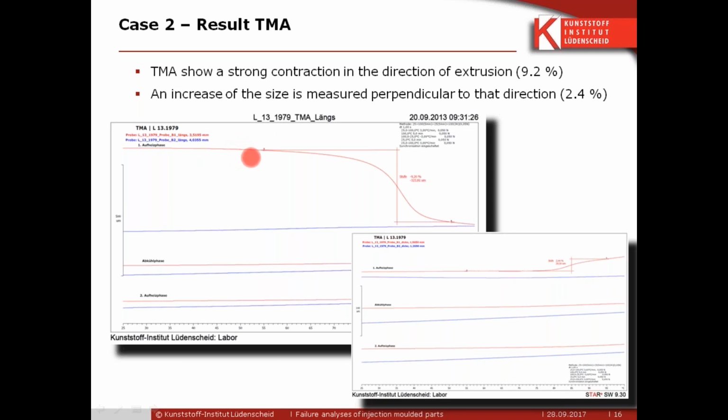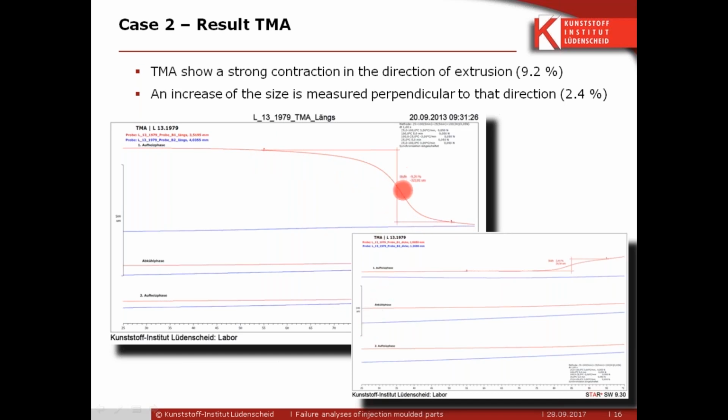What do we see here? We see in the first heating run of the new sample a drastic contraction of the material. We have a shrinkage of more than 9%. And we don't see this shrinkage in the already used sample. That gives us the information that this shrinkage already appeared in this sample, because it's an irreversible effect.